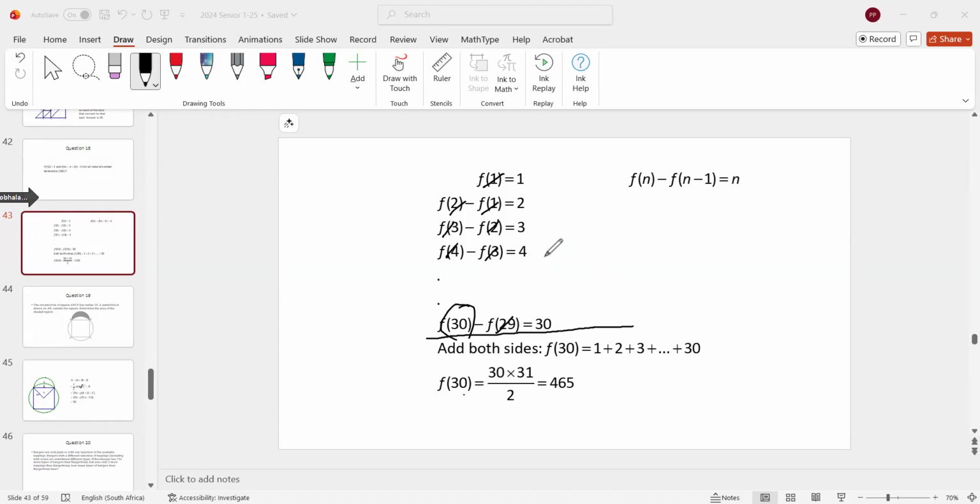And on the right-hand side, you've got 1 plus 2 plus 3, all the way up to 30. This is what we saw earlier on. And that answer is 465. All right, so that takes care of that problem. It's nice to see that there was another way of doing this.